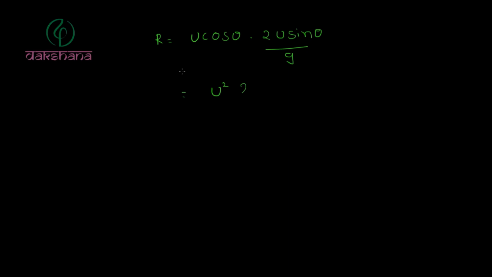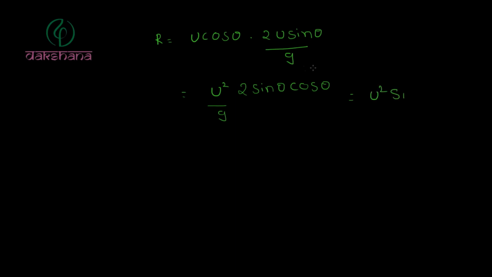Replace this, it will be u square 2 sin theta cos theta by g. So u square by g into 2 sin theta into cos theta. 2 sin theta into cos theta is known as sin 2 theta.